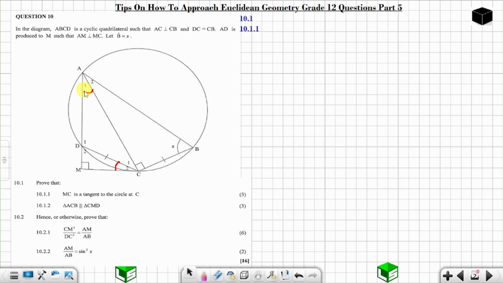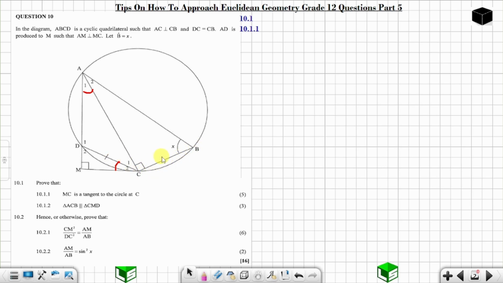So we need angle A1, and then we are going to find the angle C2 and see if the two angles are equal. Can you see angle A1 and angle A2 are equal because these two angles are subtended by equal chords. Chord DC and chord CB are equal.